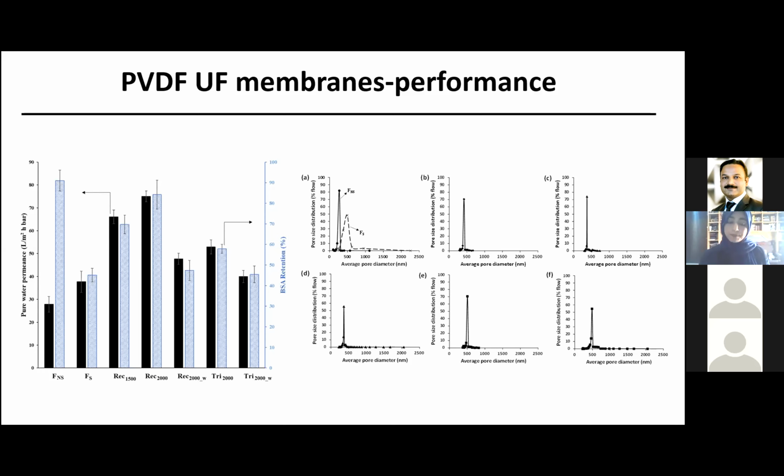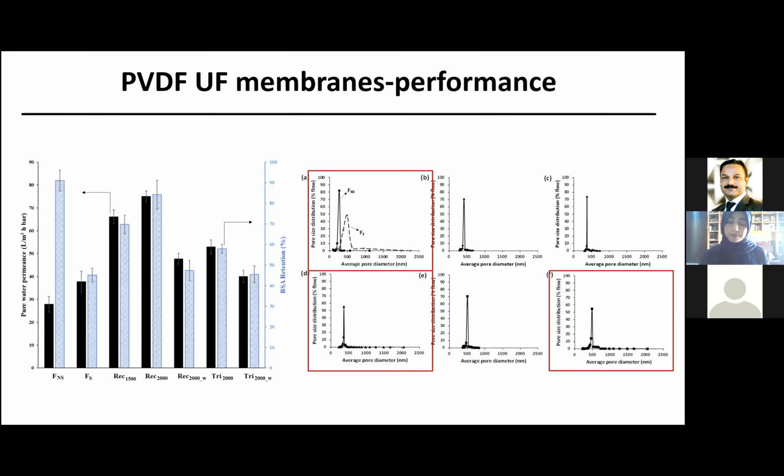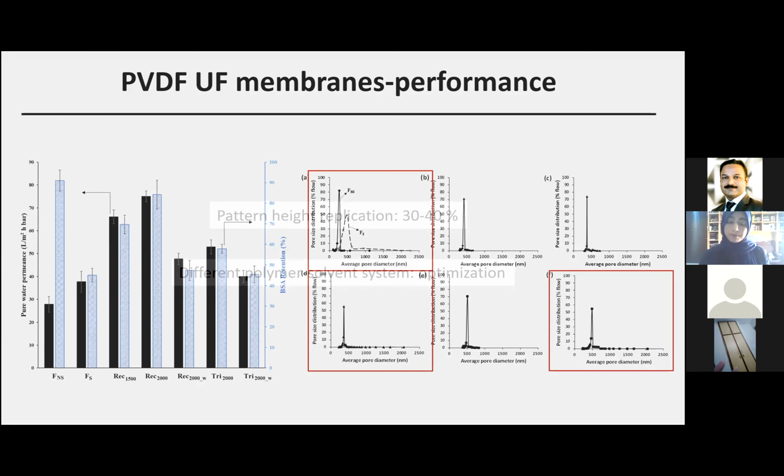Interestingly, the flat sprayed membrane and the membranes with wider interpattern distances show much wider distributions, which explains their low rejections. With this, we could see that in the case of PVDF, the pattern height replication was only about 30 to 40%.